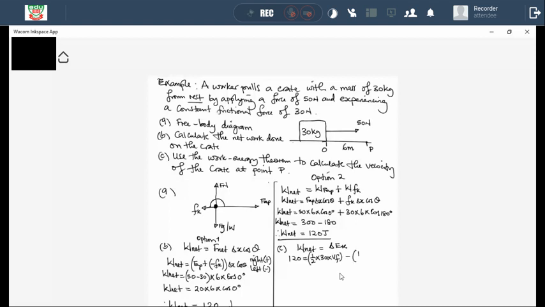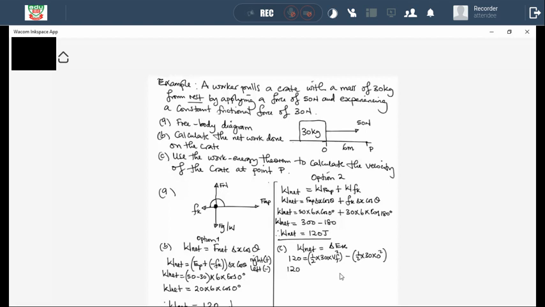Minus the initial kinetic energy, which is half times 30 times the initial velocity squared. What was the initial speed of the crate at point O? It was pulled from rest, which means our initial velocity is 0 squared.